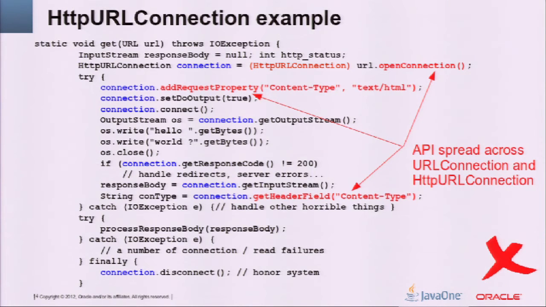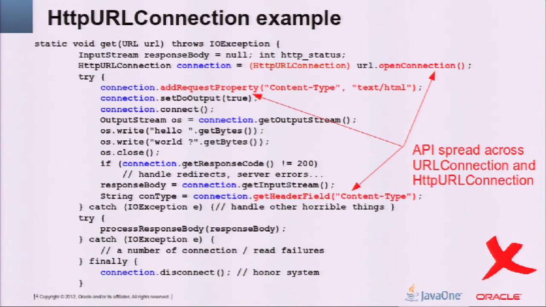So if you're looking around in the Javadoc for how to set a header, there's a lot of work you have to do. You have to do a cast here because the URL openConnection method returns the supertype. You have to cast down because we're using HTTP. When you set a header on the connection, you're calling a method called addRequestProperty on the superclass.